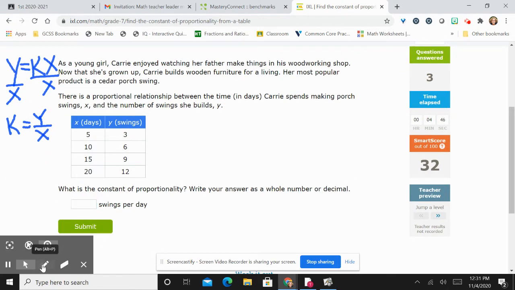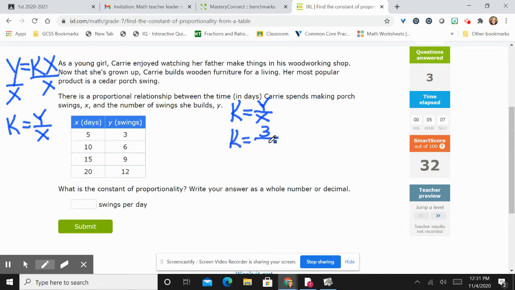Again, guys, make sure you're following the directions and you're using the correct letters. So we're looking for K, and K is equal to Y divided by X. In this case, Y is 3. X is 5. What's K equal to?